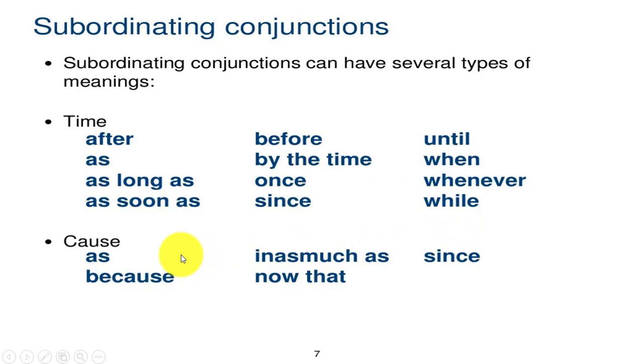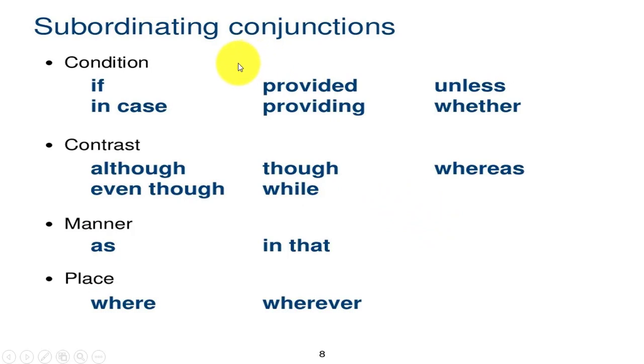The type of cause is as, because, inasmuch as, now that, and since. The type of condition is if, in case, provided, providing, unless, and whether. The type of contrast is although, even though, while, and whereas. The type of manner is as and in that. The type of place is where and wherever.